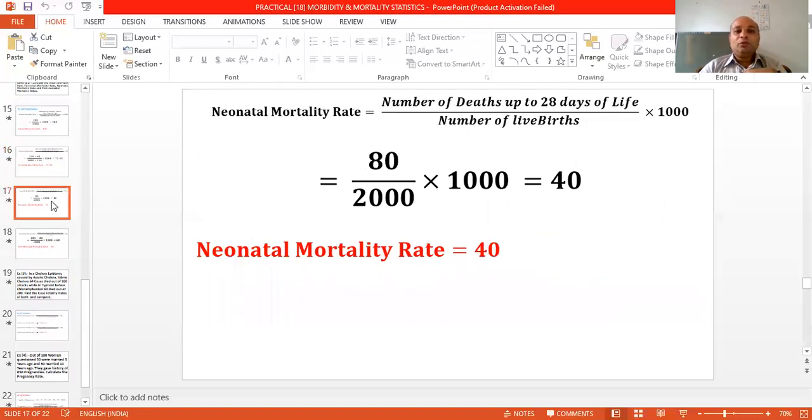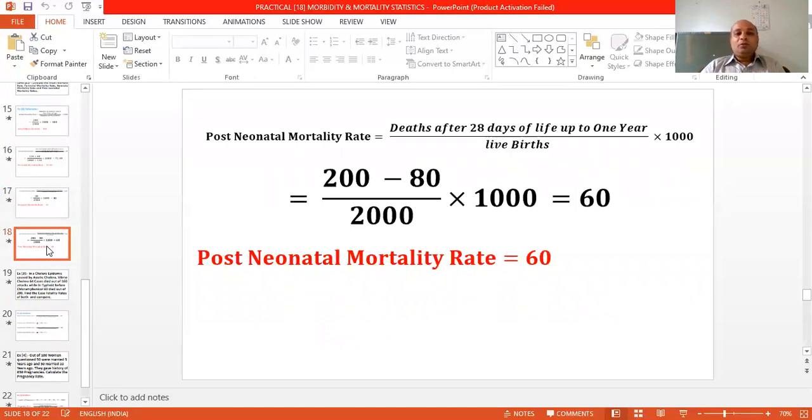Then neonatal mortality rate is number of deaths up to 28 days of life upon number of live births into 1000. The neonatal mortality is 40. Then post-neonatal mortality rate is equal to deaths after 28 days of life up to 1 year upon live births into 1000. The post-neonatal mortality is 60.